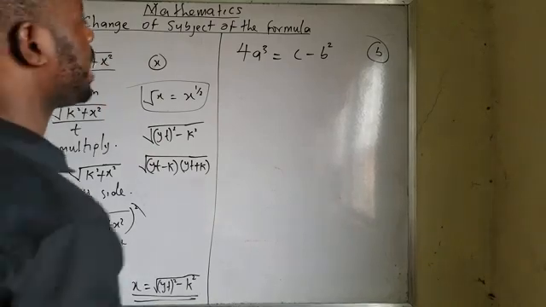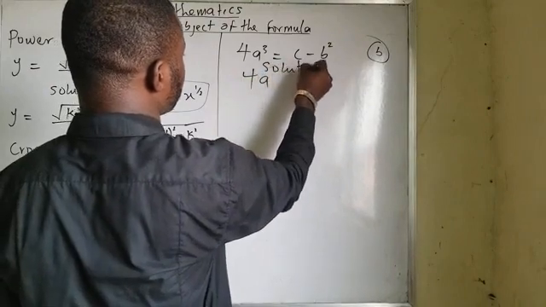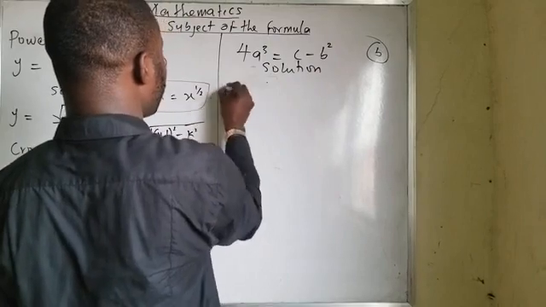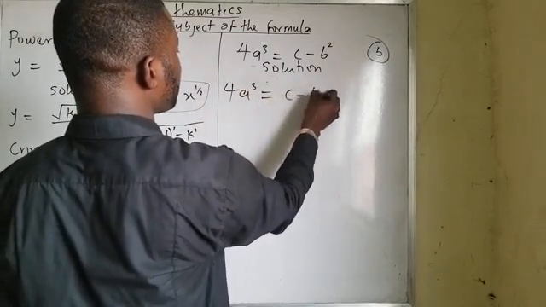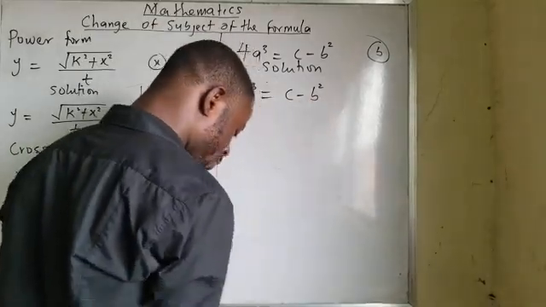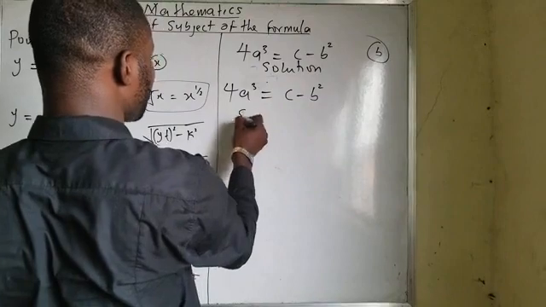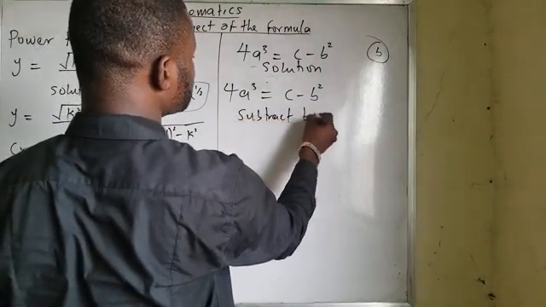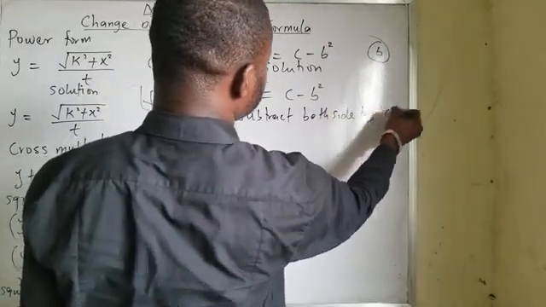Now look at the second one. I'm to make b the subject of this. I have 4a cubed minus b squared equals to c. The first thing I will need to do is subtract both sides by c.